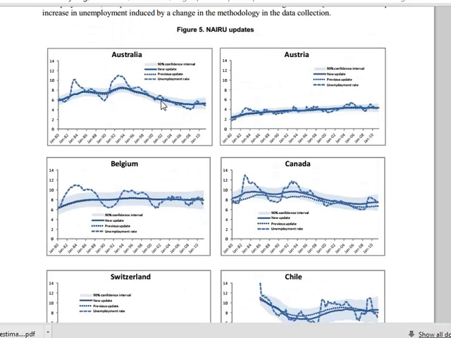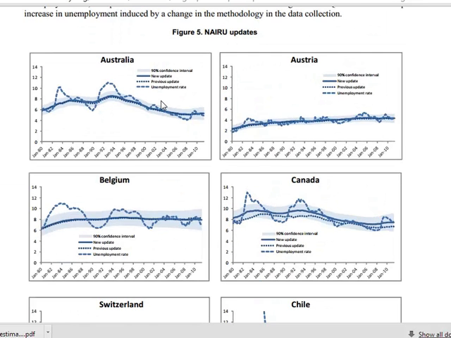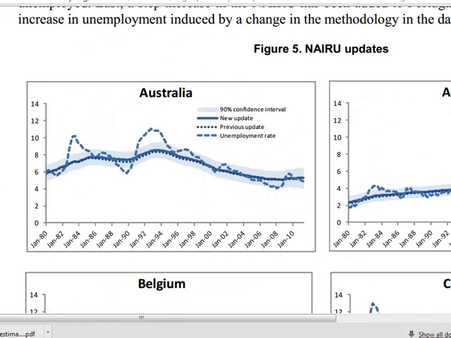Let me go ahead and try and zoom in here. Make this all a little bit more visible. Okay, so you can see Australia, the OECD estimates the natural rate of unemployment. This new update has swung around a little bit.